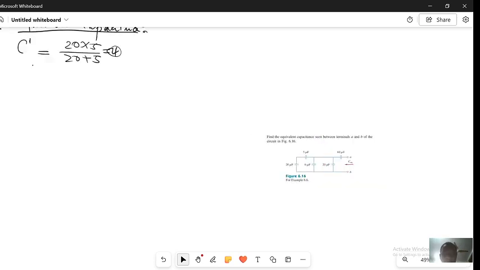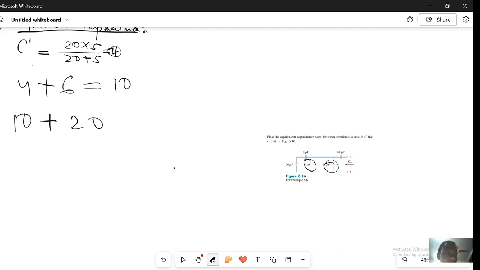Now I will have 4 plus this 6. I will have 10. This 10 and this 20 are going to be in parallel. I will have 10 plus 20, which is going to be 30.